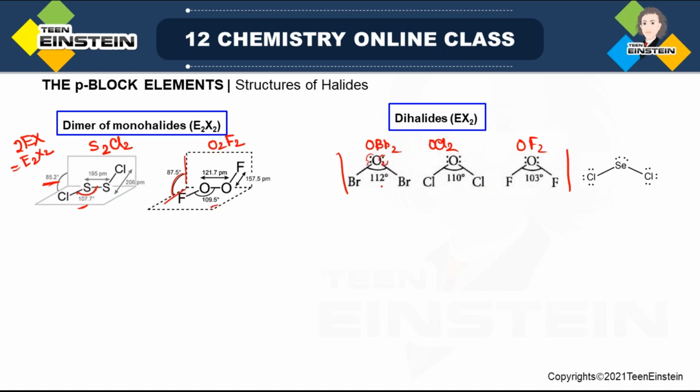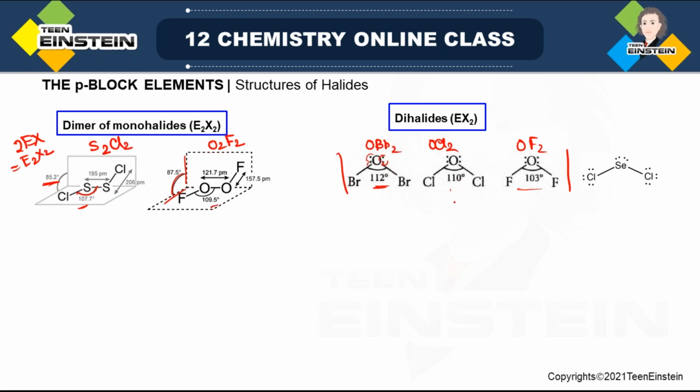But the standard angle of tetrahedral geometry is 109 degrees. But here you can't see any of these compounds having the exact angle, there is some difference. Okay, but the angle is gradually decreasing when you are moving from bromine to chlorine to fluorine.